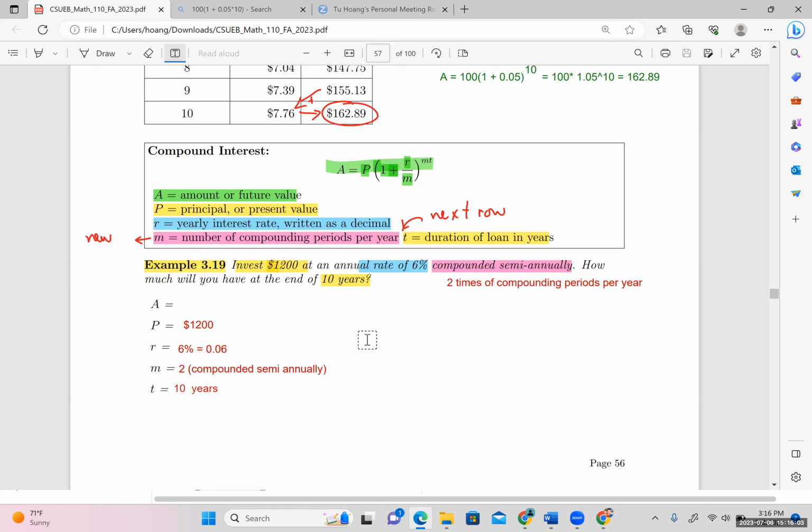Okay, so we want to find the future amount, right? Future amount.